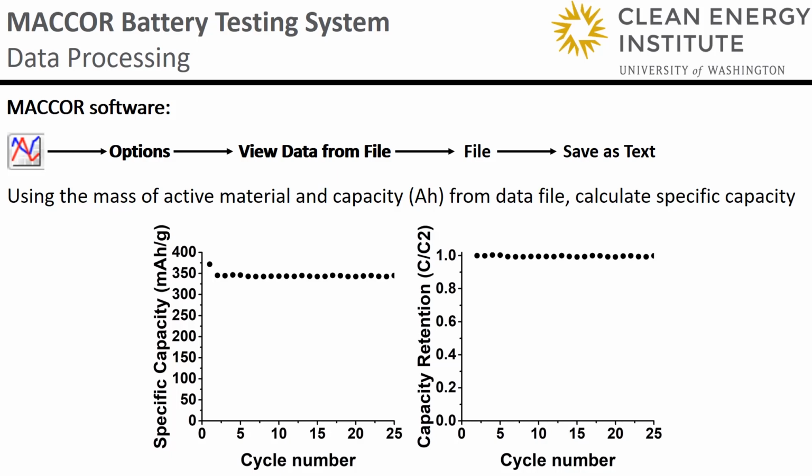In this data set, again, the benefit of graphite is that its capacity retention is quite good. You can see over the course of 25 cycles, it stays pretty much consistently at 1, which indicates that no fade has happened in the capacity over time.